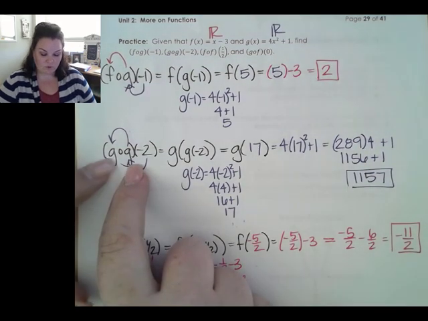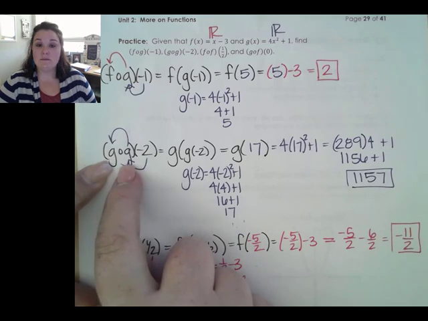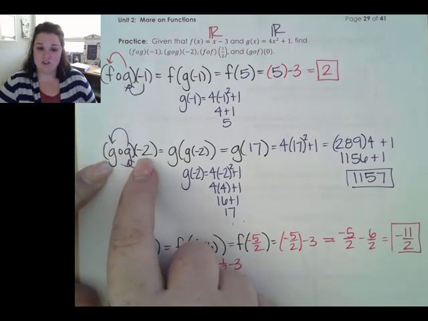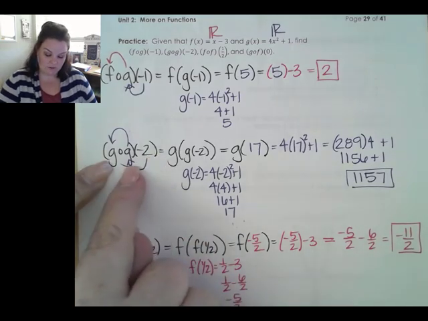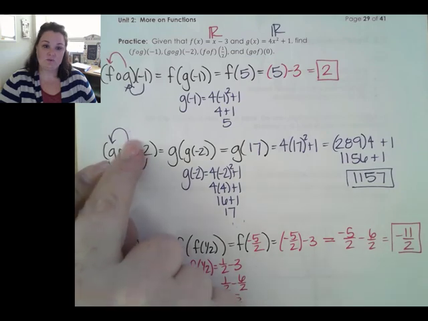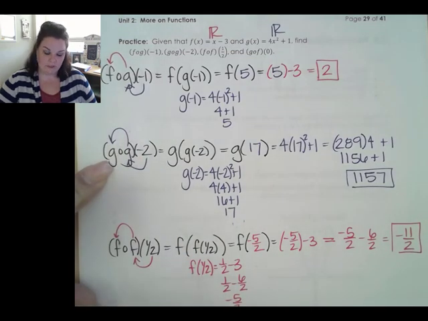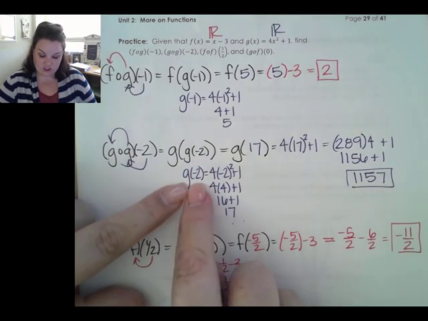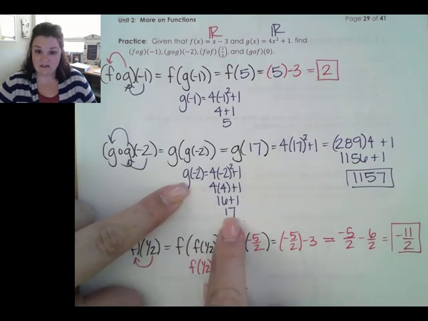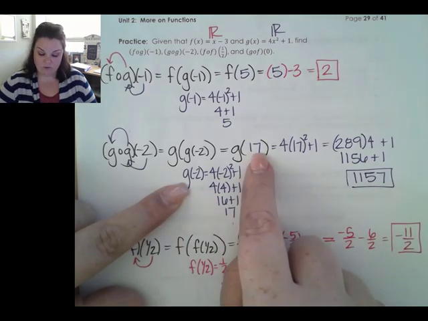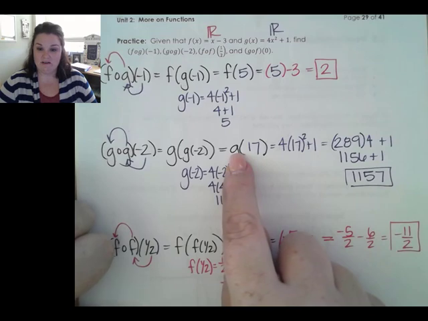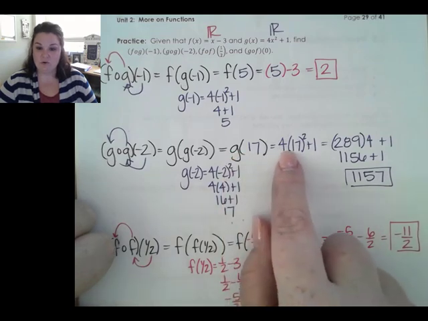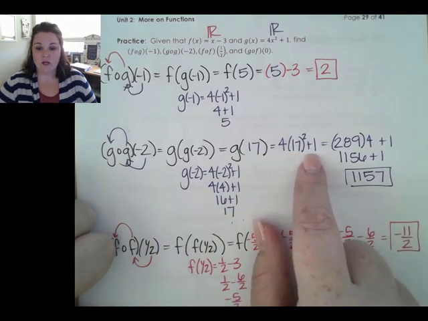On the second one, we're doing g composed of g evaluated at negative 2. So negative 2 goes into g. Whatever that equals, we're plugging it back into g. So when I plug negative 2 into g, we should get 17. And that is what we're now going to plug back into g. Okay, g says to do 4 times my input squared plus 1.